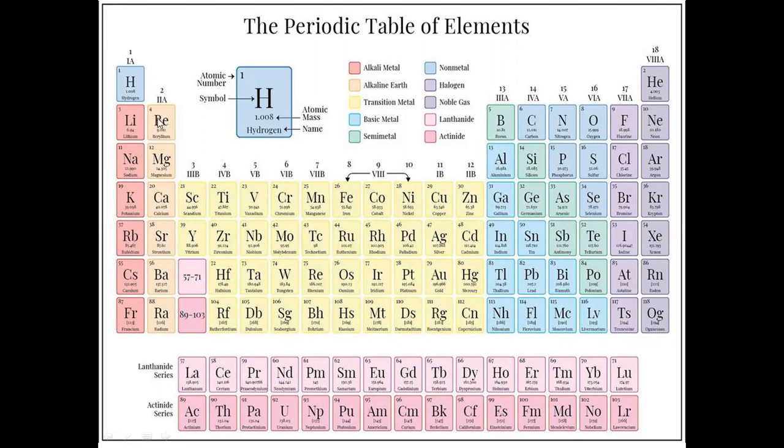Beryllium has 2 electrons in its outermost orbit, 2 in the first round, 2 in the second round. So it may lose 1 electron or 2 electrons. Once it loses 1 electron, it has become an ion. Previously it was an atom. Once again, it may lose 1 more electron. So losing of electrons is known as oxidation.